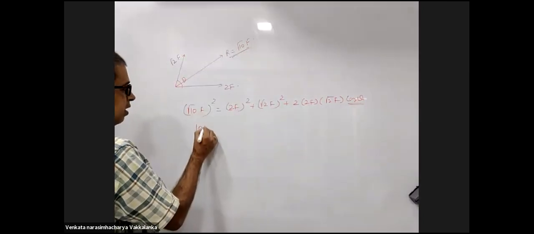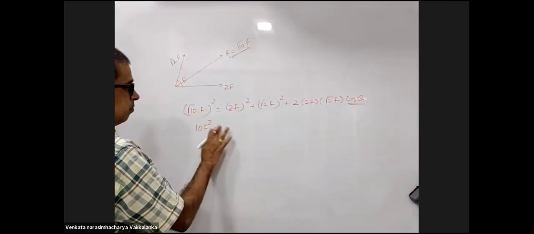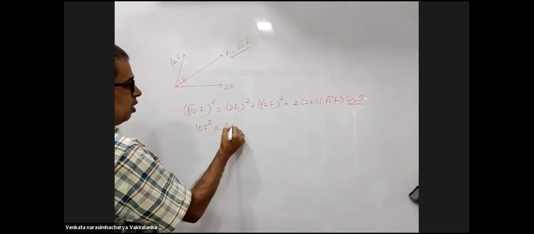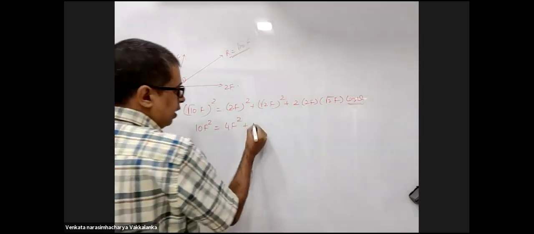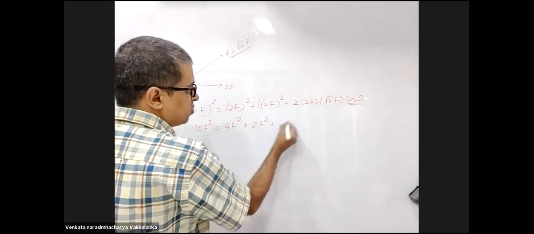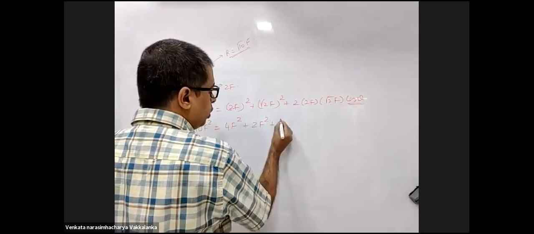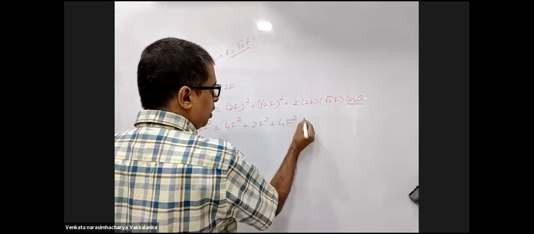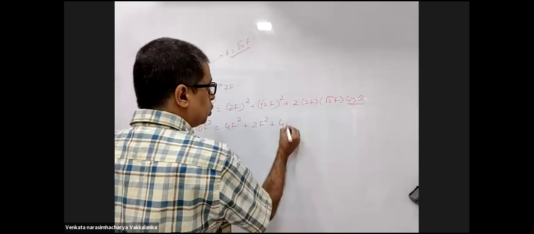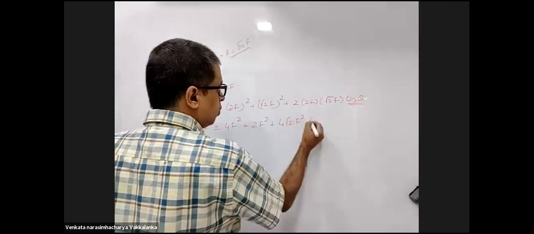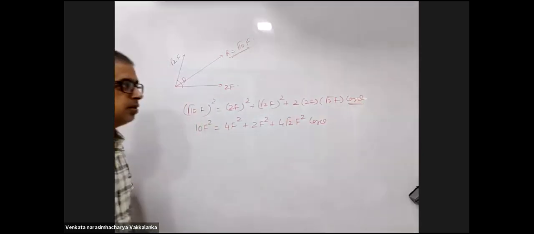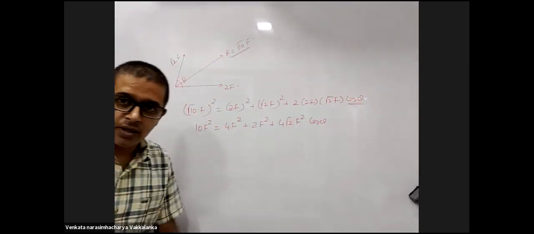So 10F square is equal to 4F square plus 2F square plus 4 root 2 F square cos theta. Till here, is it clear?